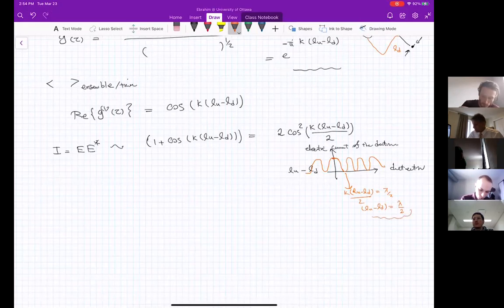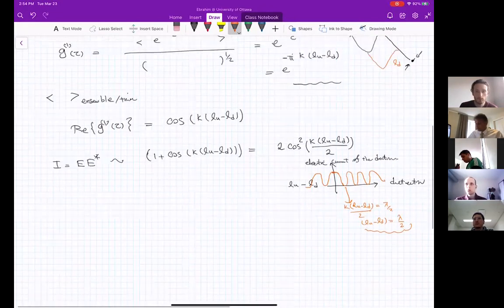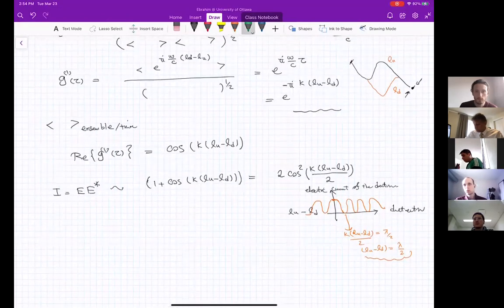So whenever the difference between the paths of the upper and lower beam is given in terms of lambda divided by 2, then you will get no light there. So all light will go to the other port, to the other side of the beam splitter.